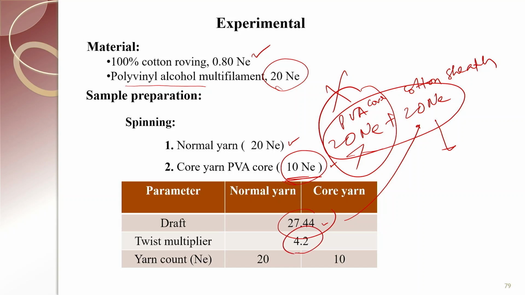Twist multiplier we have used is 4.2, and two yarn counts were produced. Normal cotton yarn of 20 Ne we produced, and core sheath yarn we have produced of 10 Ne with a ratio of 50:50, PVA and cotton.